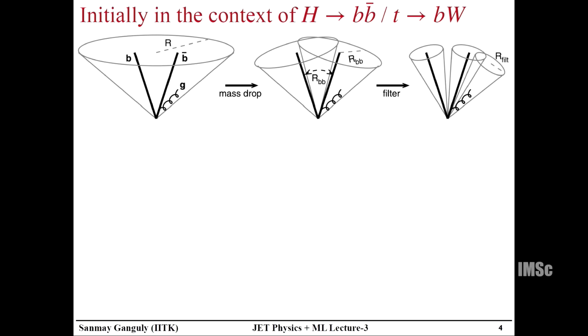Now, if the radiations from these two B's are inside this larger radius cone, and you apply a regular jet algorithm, regular in the sense that, let's say this opening angle in dimensionless variables is order of 1, whereas you apply a jet algorithm with radius 0.5, then you won't capture all the pieces of showers which are coming from the Higgs decay.